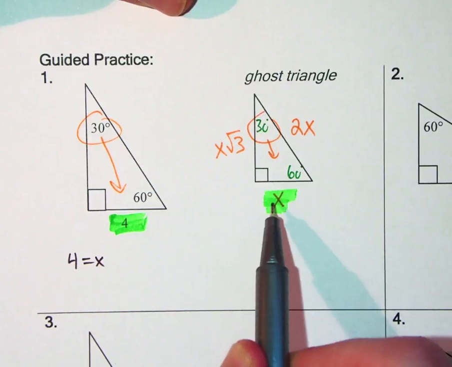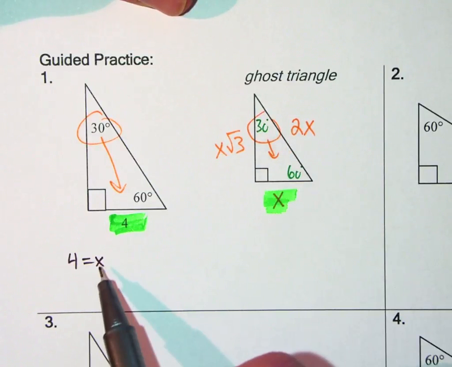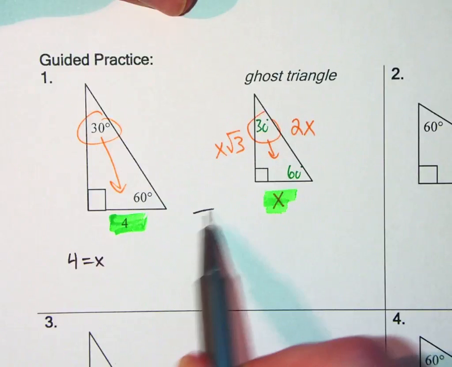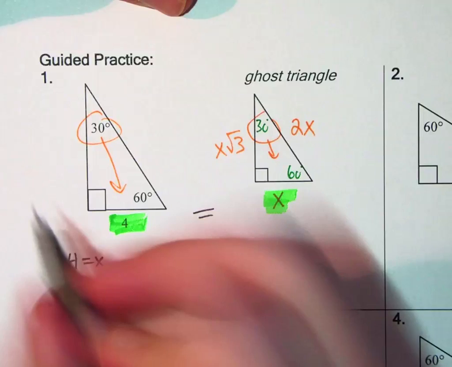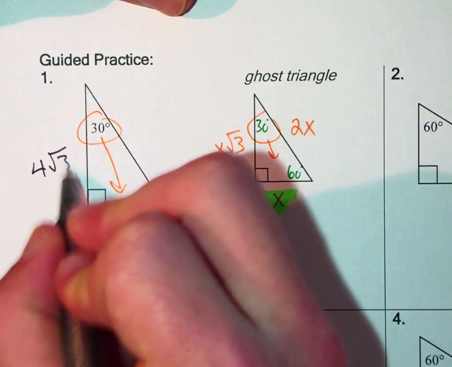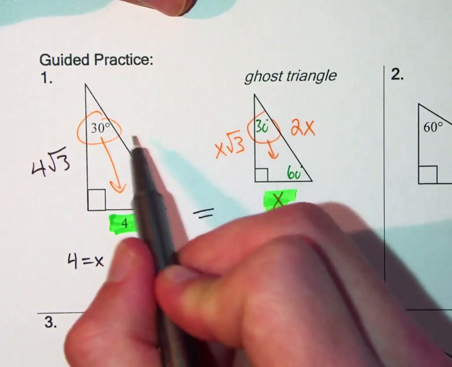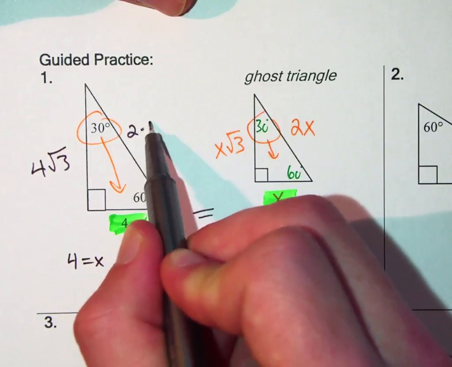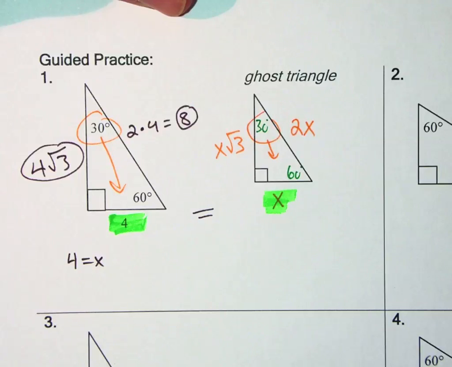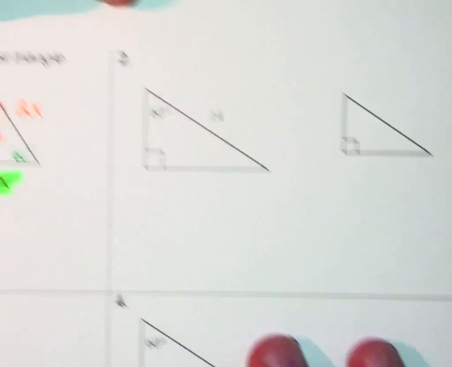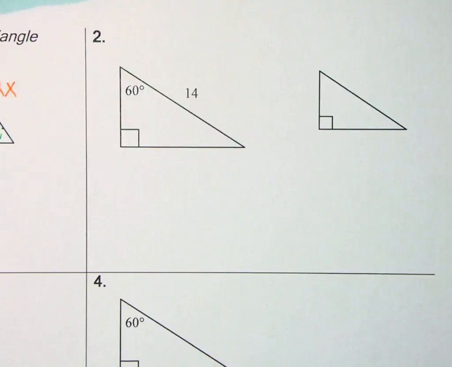So if this is 4, wherever I see an x over here, I have to put a 4, because these guys are equal. So I'm going to put a 4 here, but with a square root of 3 next to it. I'm going to put a 4 right here, but times 2. There we are. Those are the missing sides. You can go ahead and hit pause, try it on your own.